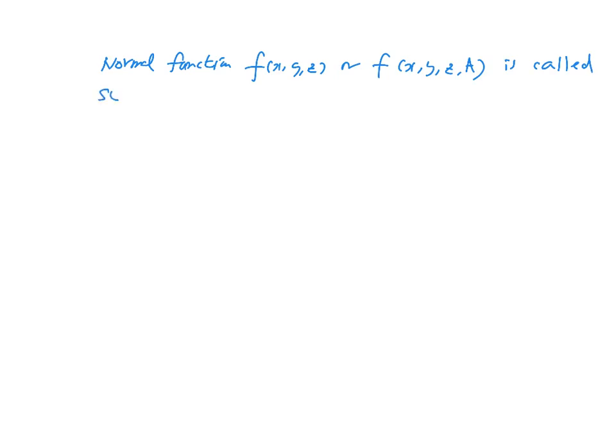And a normal function f(x, y, z) or f(x, y, z, t) is called a scalar field. So it's just a notation, and I just want you to be familiar with it.